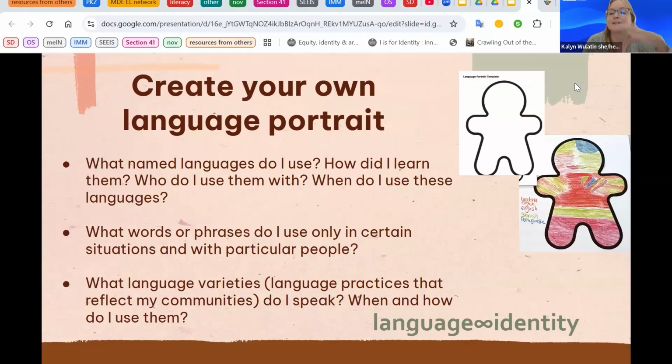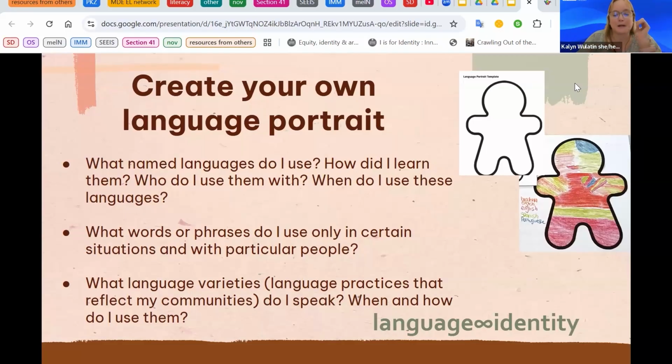I might have traveled a lot, so I might place a certain language in my feet, a language that either I am fluent in or have just learned some words of, to defend myself as I travel and get my needs met. I might put a language in my heart area because it really relates to my family. So there are lots of ways to color these in.